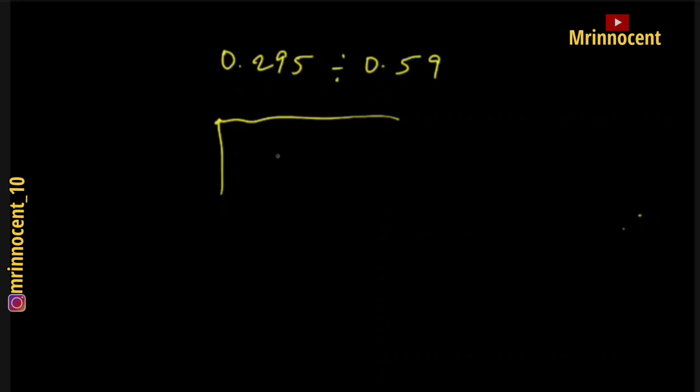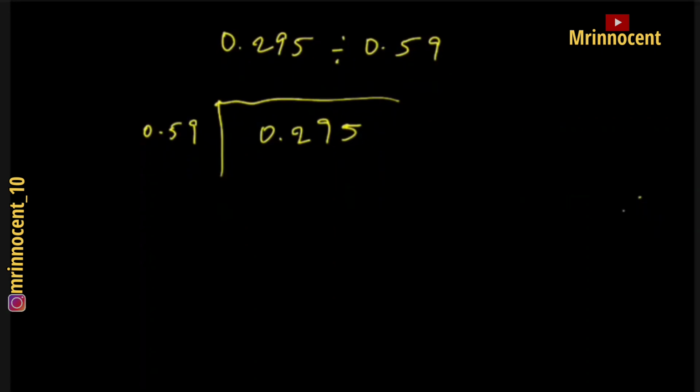Let's look at an example. You have 0.295 divided by 0.59. So 0.295, 0.59.